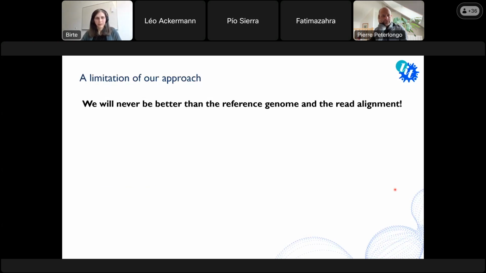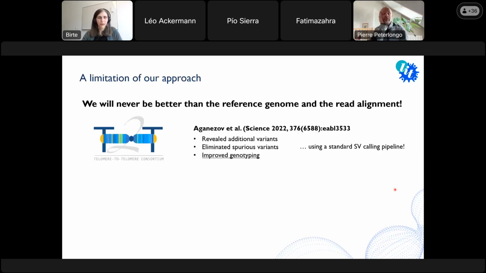One last comment at the end. One limitation of this approach that is alignment-based is that we will never be better than the alignment and the reference genome we're using, no matter whether it is a pan-genome reference or a linear reference genome. So there have been reports that using the T2T genome would simply improve standard SV calling pipelines without changing anything in the pipeline.